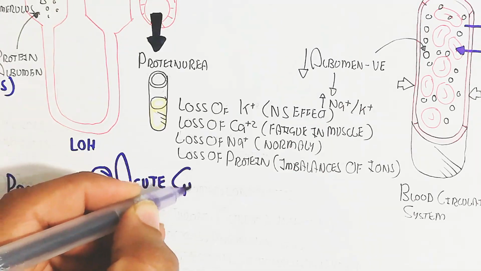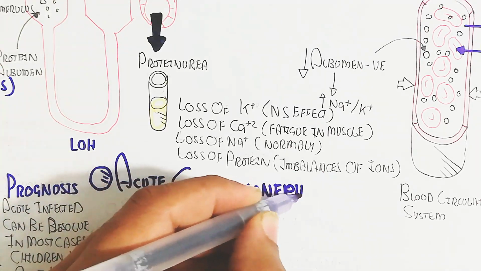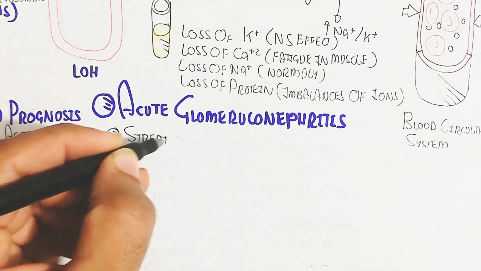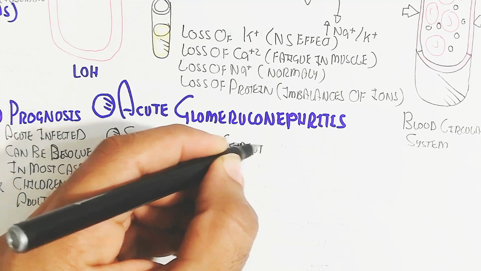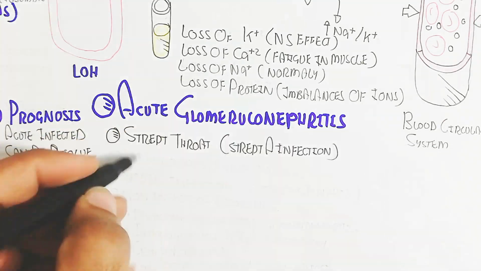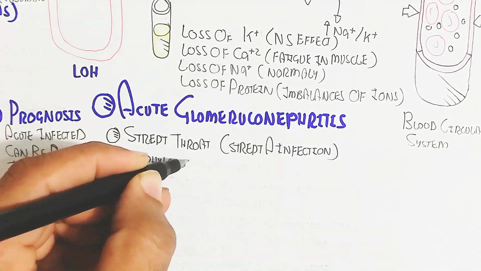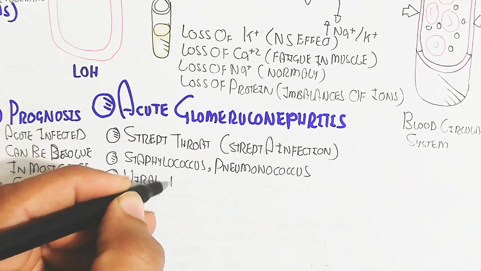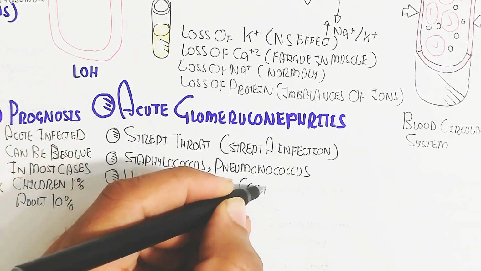Let's begin to understand acute glomerulonephritis. Acute glomerulonephritis is due to strep throat infection, staphylococcus and pneumococcus, or viral infection like chickenpox or malaria.